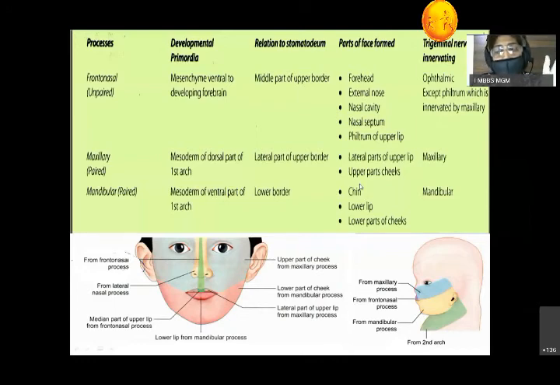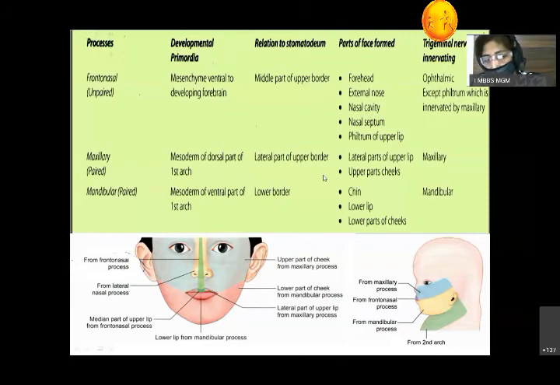So it is very clear that total face is up till now developed by three processes. One is the frontonasal process, which is unpaired, maxillary process, which is paired, and mandibular process, which is again paired. So total 5 components are there. Maxillary and the mandibular processes are the processes of the mandibular arch, that is first arch. Whatever derivatives of each process is there, they are supplied by different nerves.